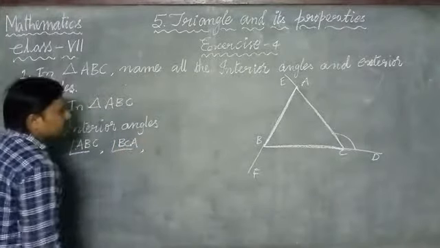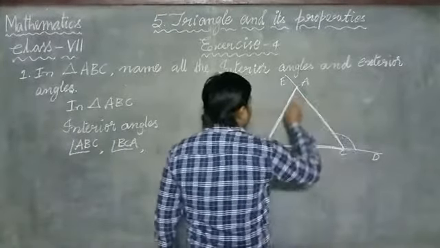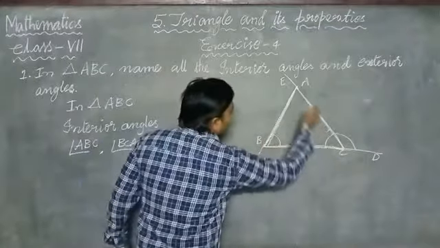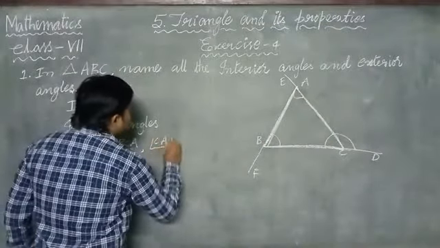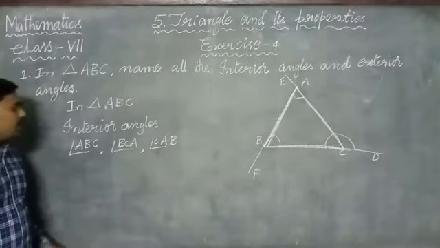BCA is the second interior angle, and angle CAB. Okay, these are the interior angles of the triangle ABC.